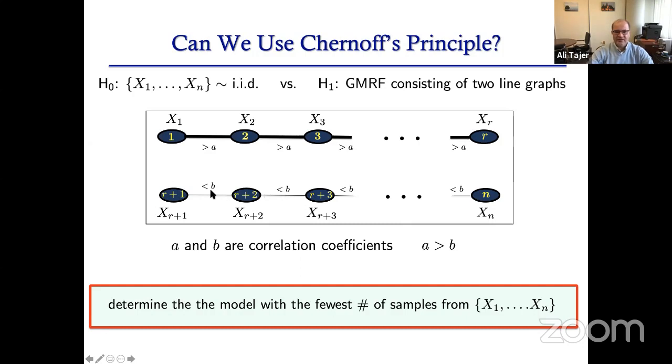If you look at this graph, let's say that our test is to decide whether all these n random variables are independent or they're generated according to this Gaussian Markov random field.